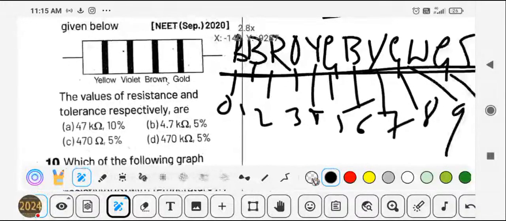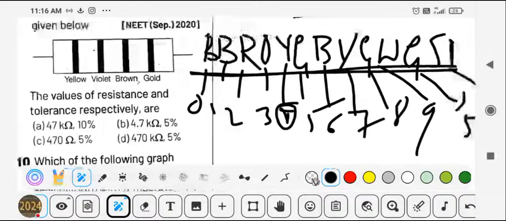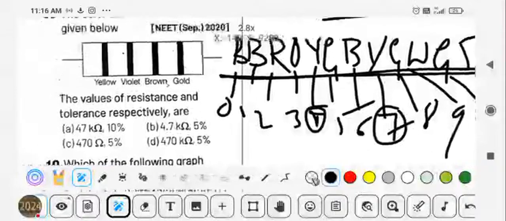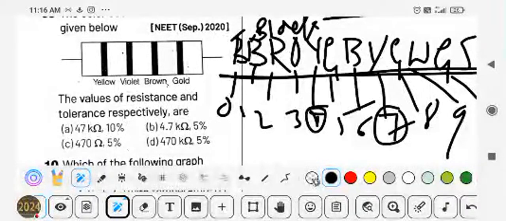For the yellow color, the numerical value is 4. Next, for the violet color, 7. For the brown color, brown is the first one, and this is black, so it should be 0 for the brown. Next, gold.